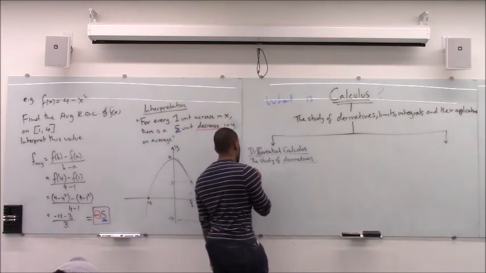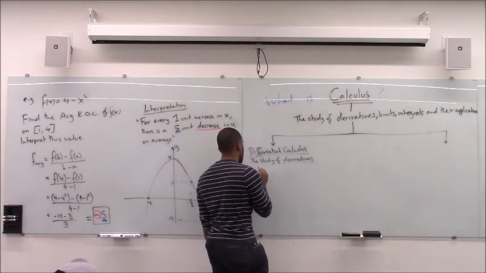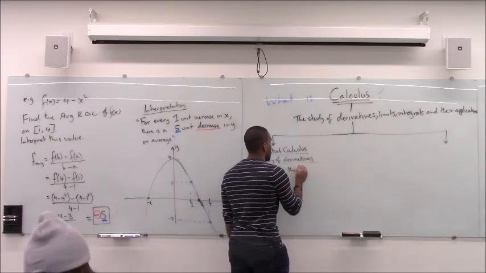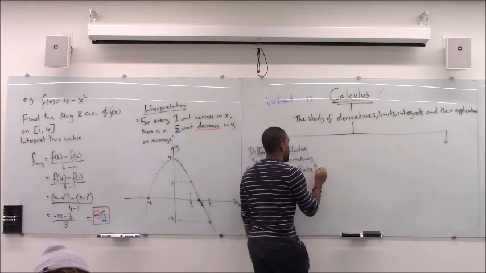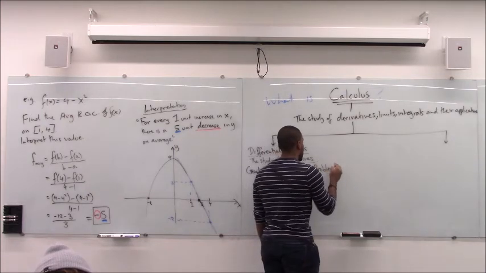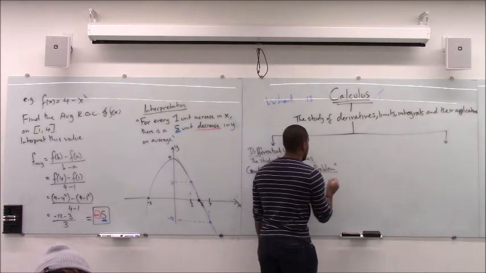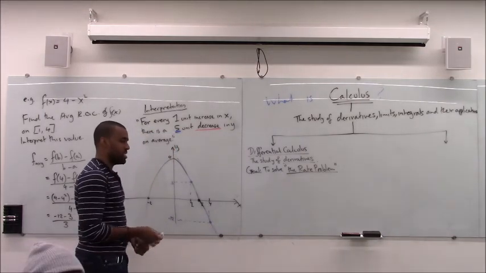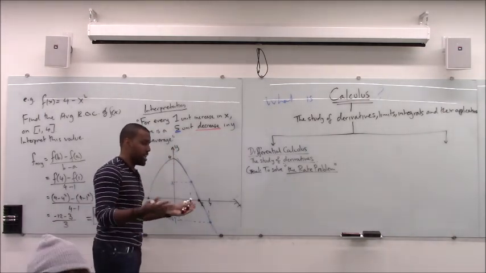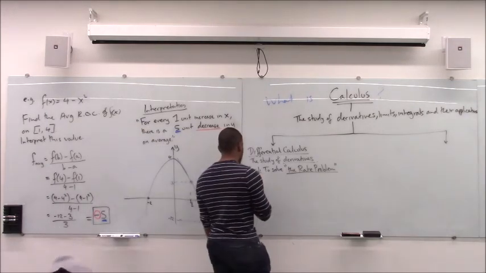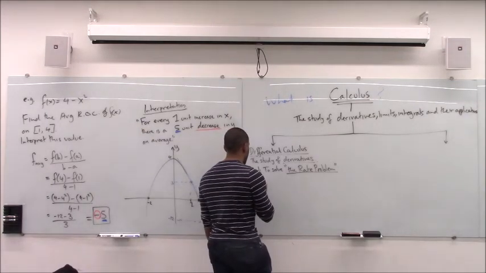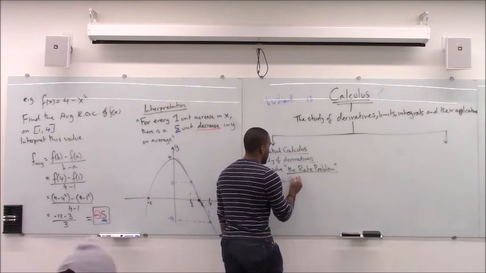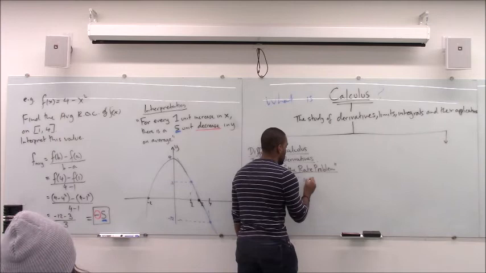There's a very specific reason why you would use a derivative. The goal of this branch of calculus is to solve the so-called rate problem. Right? So there's a very important type of problem called the rate problem. Now, what that problem basically is, in a very general, vague sense, is to figure out how fast something is changing.